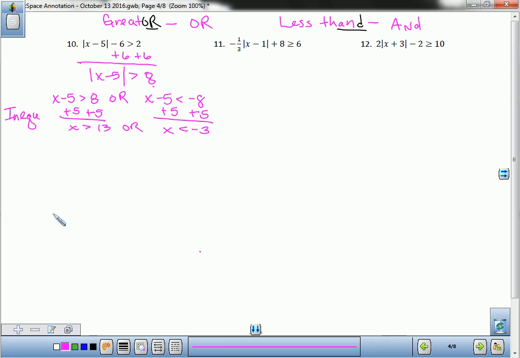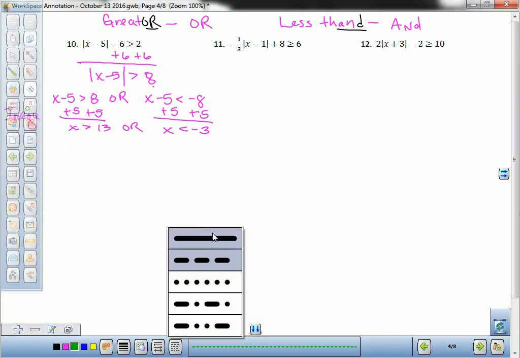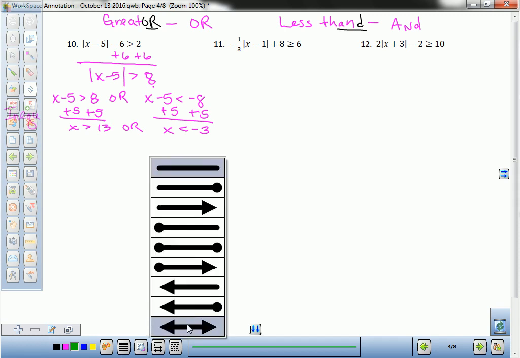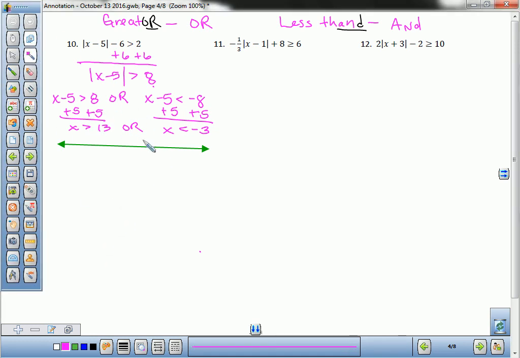Now, if we were to graph this on a number line, and part of the reason I do this, guys, is because on the SAT and ACT, they may give you 4 number lines to choose from after solving an absolute value inequality. They may not give you inequality notation. So, what would this look like on a number line?